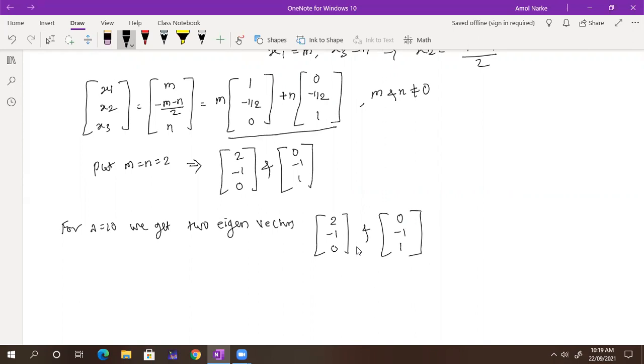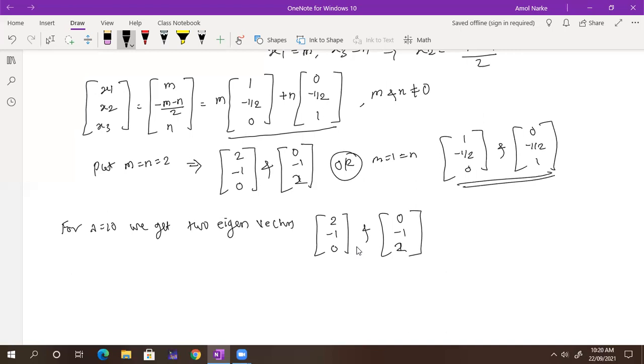If you multiply by 2 it comes 2 here. Or you can directly write, if m is equal to 1, which is equal to n, you will get 1, minus half, 0 and 0, minus half, 1. No problem, this is also correct.